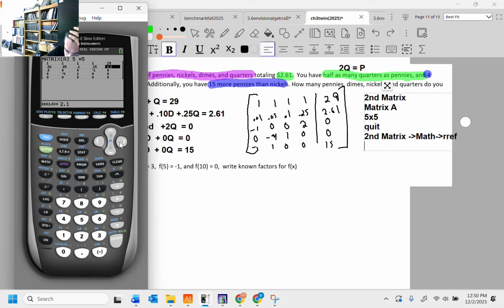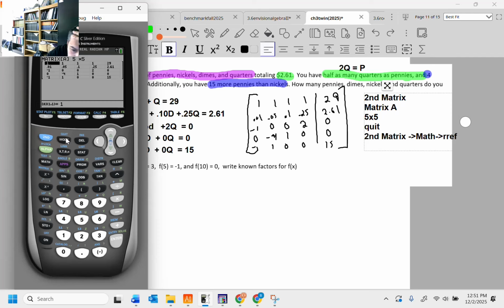Oh, there's a mistake right there. All right, assuming I don't have any typos, this should work.